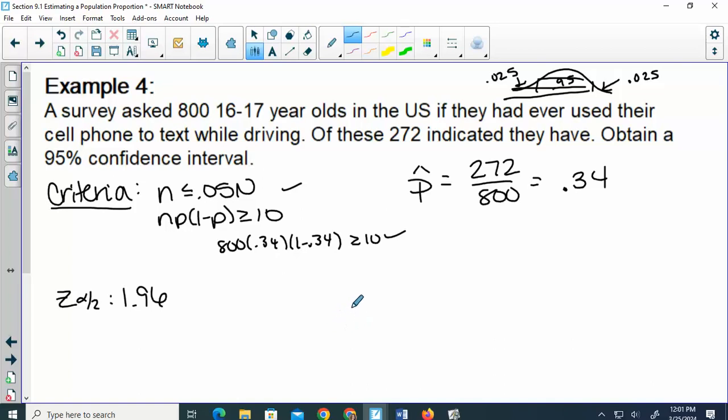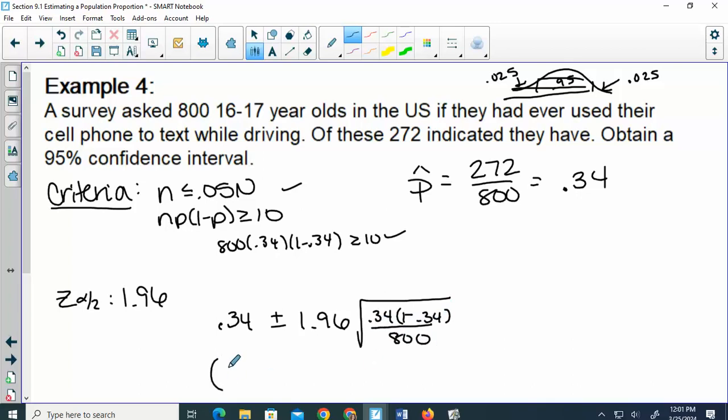So now we do our formula. It's our p hat, 0.34 plus or minus the Z alpha over 2, 1.96, square root of p hat, 1 minus p hat, over n, which was 800.